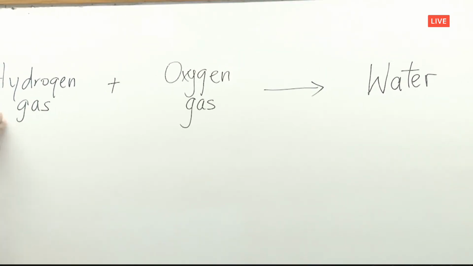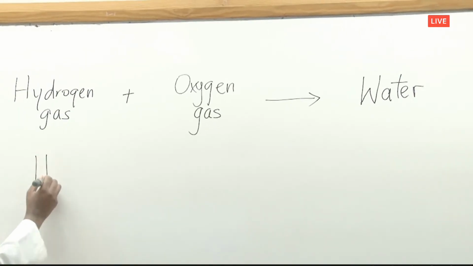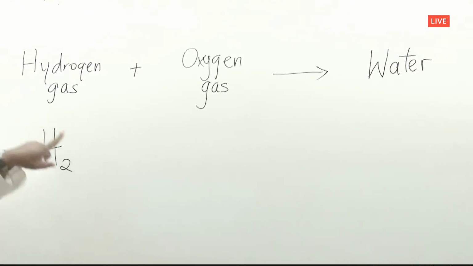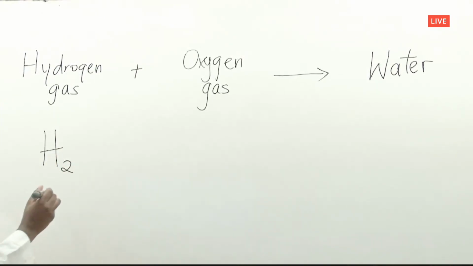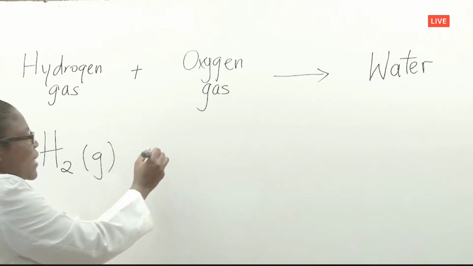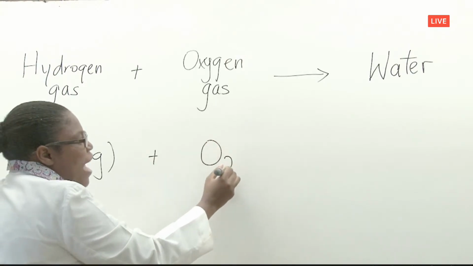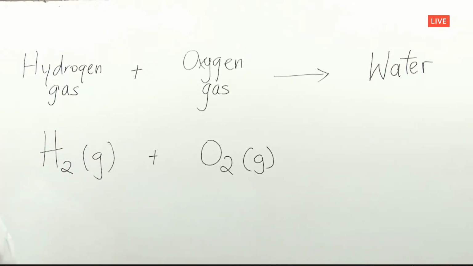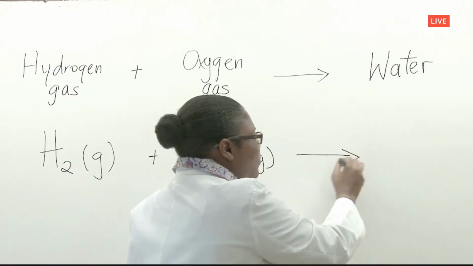Let's now convert this into our chemical equation. The formula of hydrogen gas is H2. All right? And it's a gas. So what symbol should I put here? G. Very good. It's reacting with oxygen gas, O2, and it's a gas, so G. Wonderful.